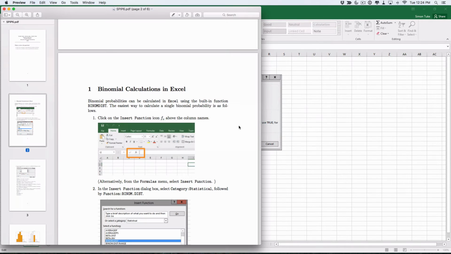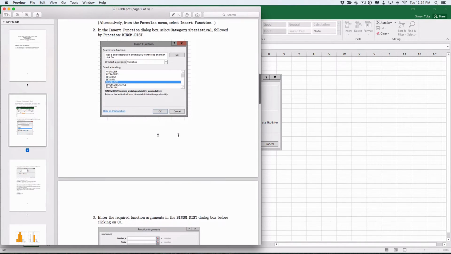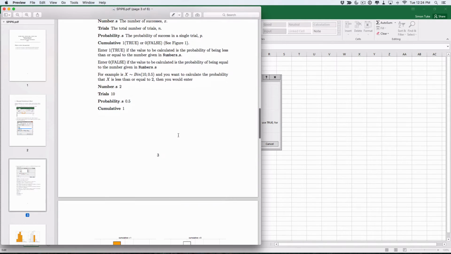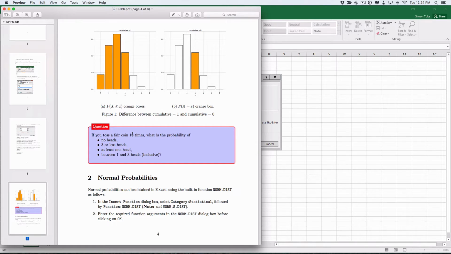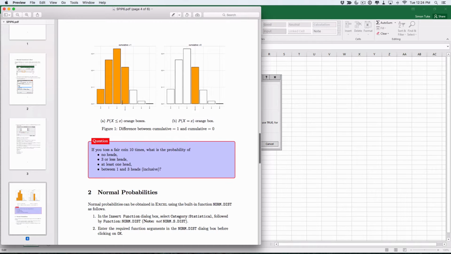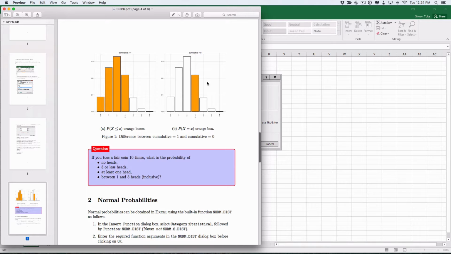Let's look at some questions that we could do. We are given down here: we're going to toss a fair coin 10 times. What is the probability of no heads, 3 or less heads, at least 1 head, between 1 and 3 heads inclusively? Now, remember, each time I want you to think about these diagrams.